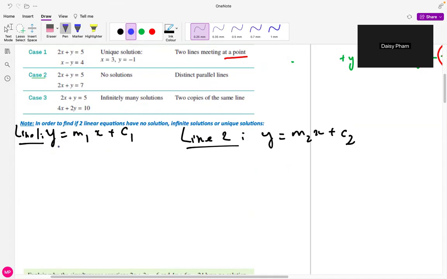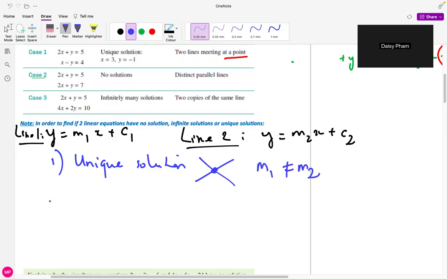If they have a unique solution, it means they're going to cut each other like that. For that to happen, m1 is not equal to m2, so they have different gradients.